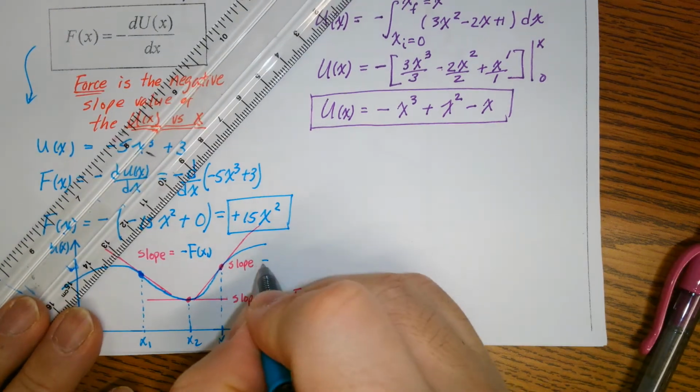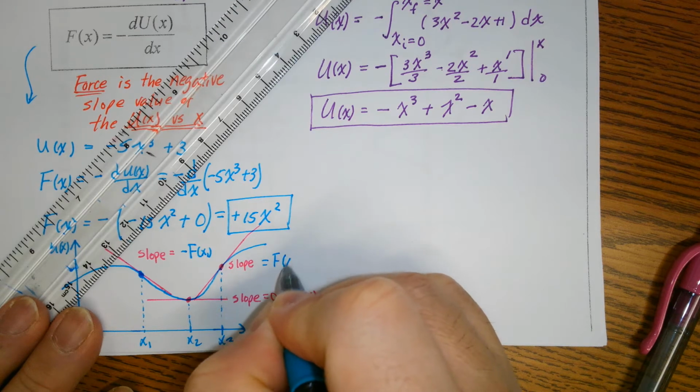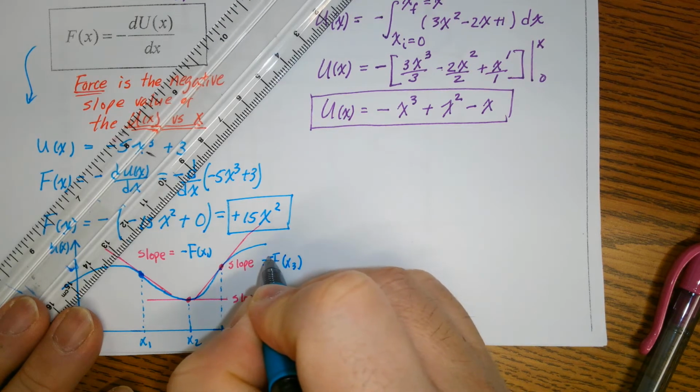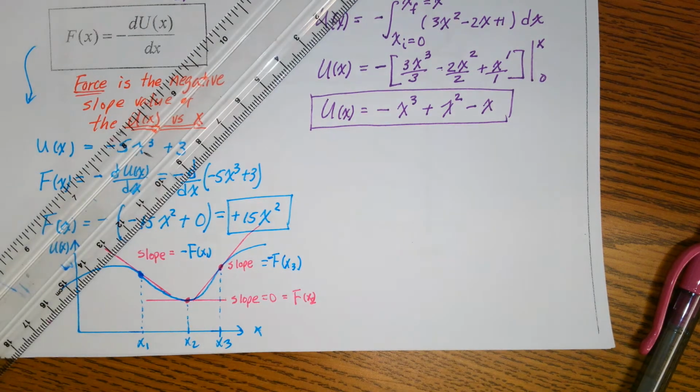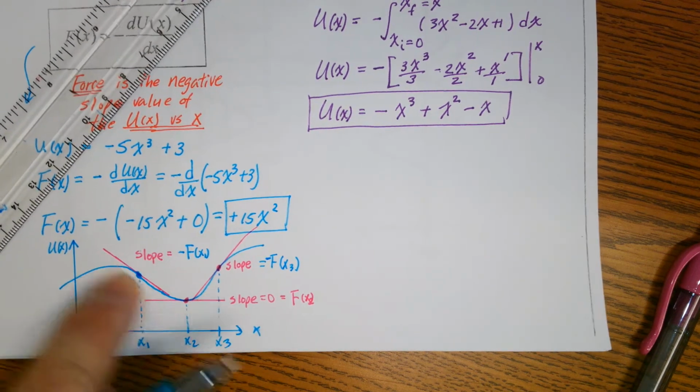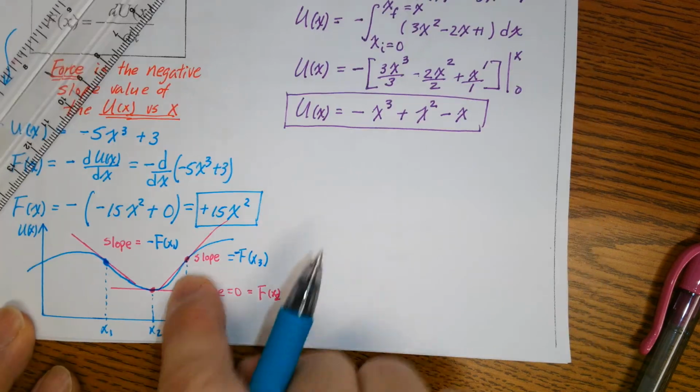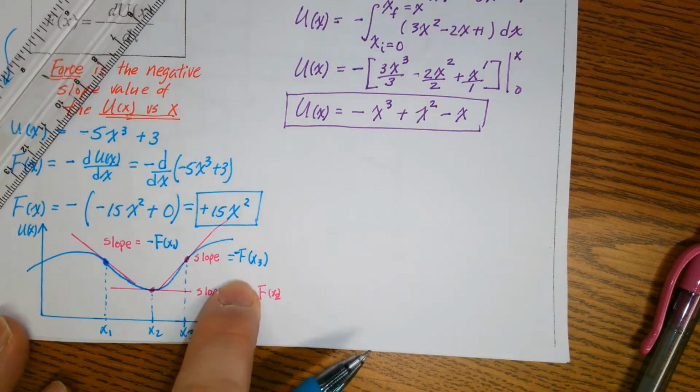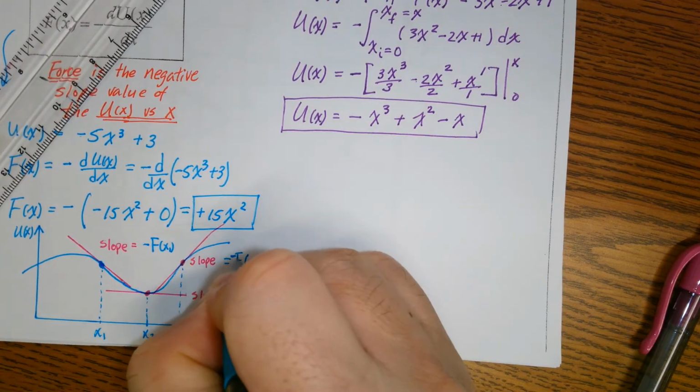Here the slope is negative, so you're going to get a positive force. Here you're going to get a positive slope, so you're going to get a negative force.